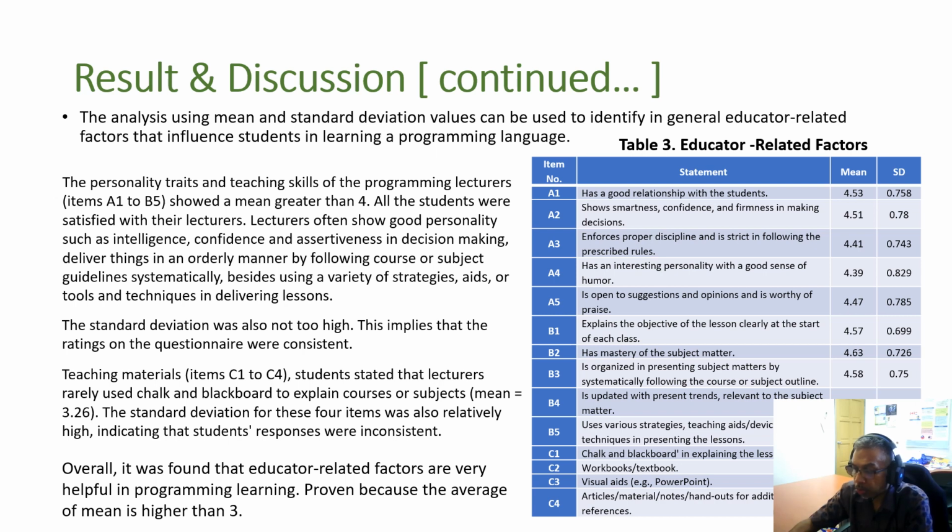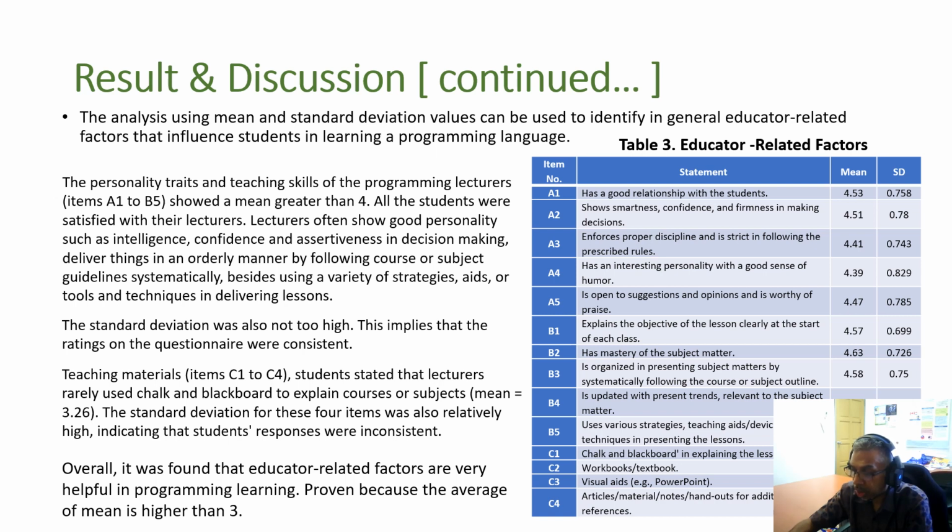Descriptive analysis using mean and standard deviation has been conducted to identify in general the educator-related factors that influence students in learning a programming language. Based on table 3, the means for personality trait and teaching skill, especially for questions A1 until B5, are greater than 4. This can be concluded that all students are satisfied with their lecturers.